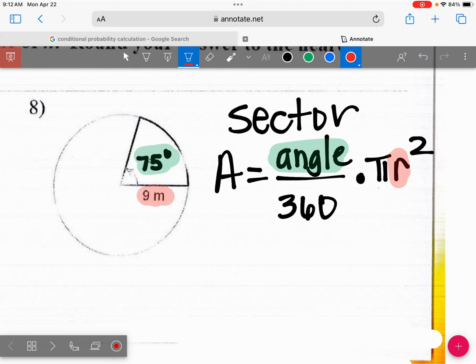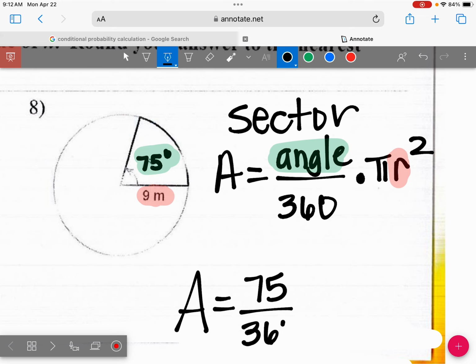So go ahead, pick up your calculators. And you're going to just type it in just like this. 75 over 360 times pi r squared.